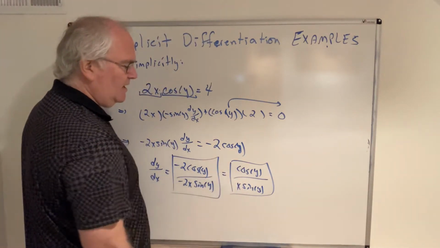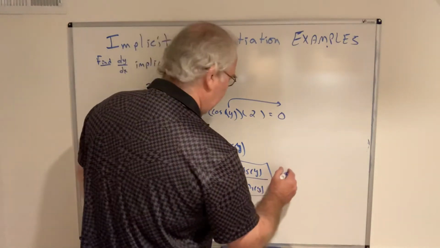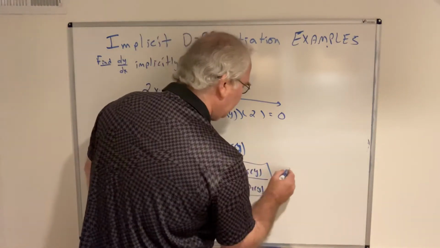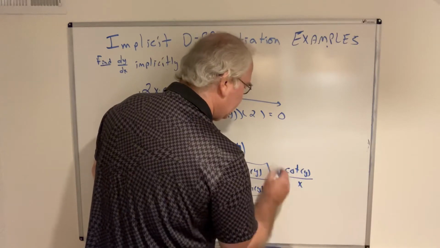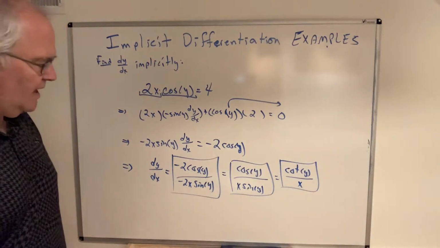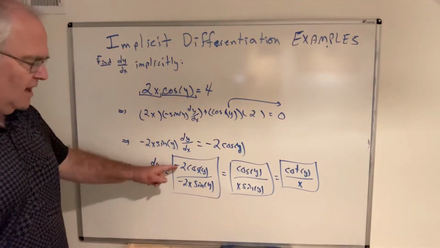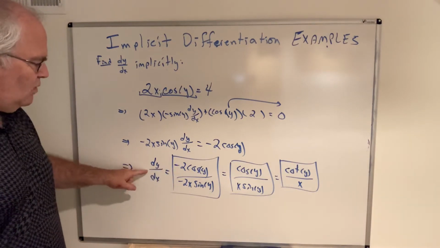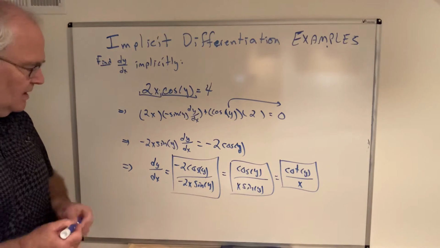Cosine over sine is cotangent. So if you're really feeling your wild oats, you can write this as cotangent y over x. I have no idea what version the textbook would have. My guess is probably that. But as far as I'm concerned, as soon as you find dy dx, there it is, back away slowly and don't make eye contact.